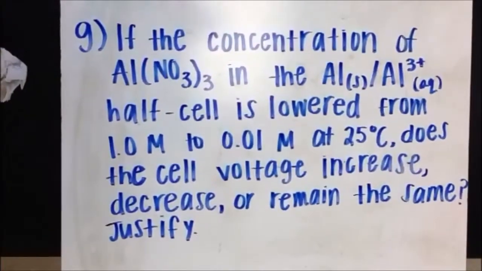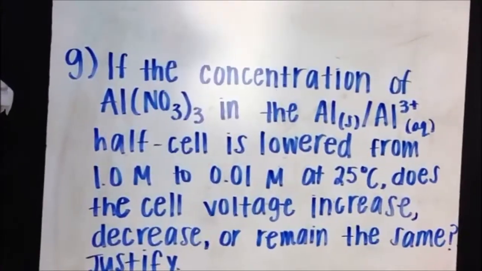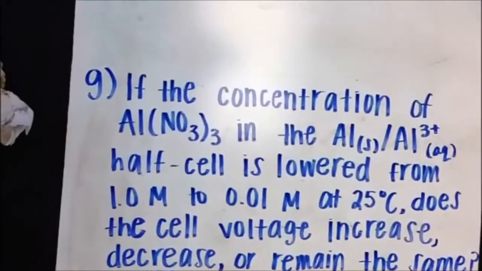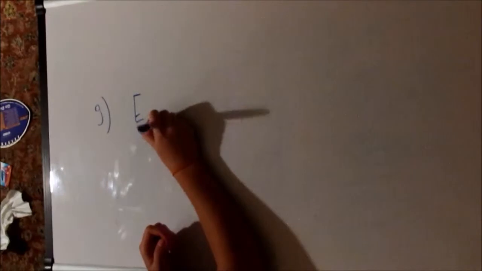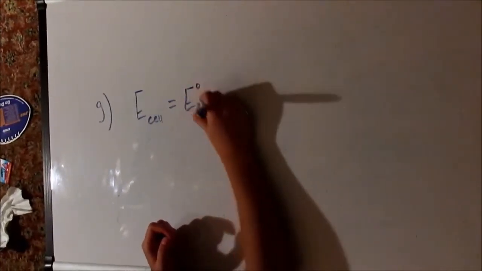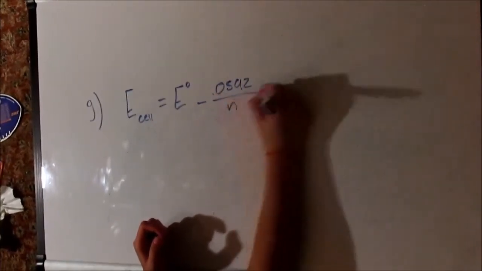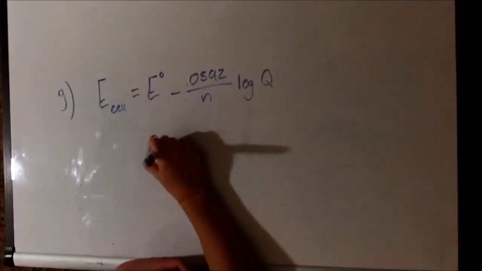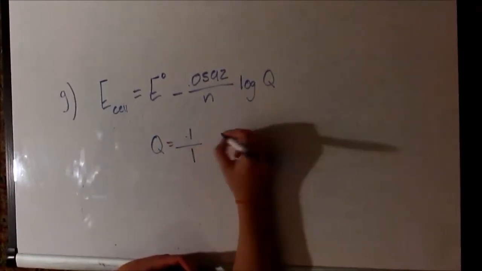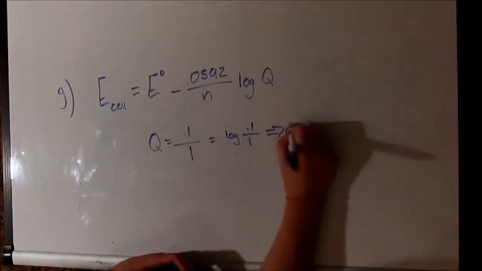Question G reads, if the concentration of aluminum nitrate in the aluminum half cell is lowered from 1 molar to 0.01 molar at 25 degrees Celsius, does the cell voltage increase, decrease, or remain the same? Justify. So for this problem, we're going to use the equation E cell equals E0 minus 0.0592 over n times the log of Q. And Q in this case is lower because it's 0.1 over 1, which makes the log of 0.1 over 1 negative.